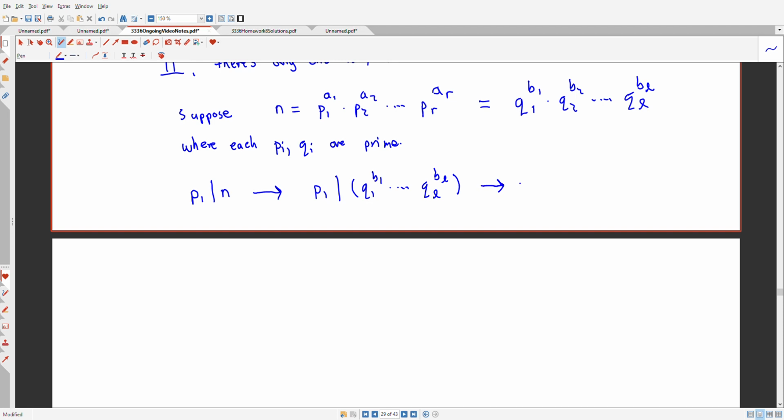This tells me that prime p1 has to divide one of these q's, I'll say qj. That's where I used Euclid's lemma. If p divides a product of numbers, it's got to divide one of them. And look here, I'm going to use the lemma again. If it divides a bunch of qj's multiplied, it's got to divide one of the qj's. So I used it here and here.